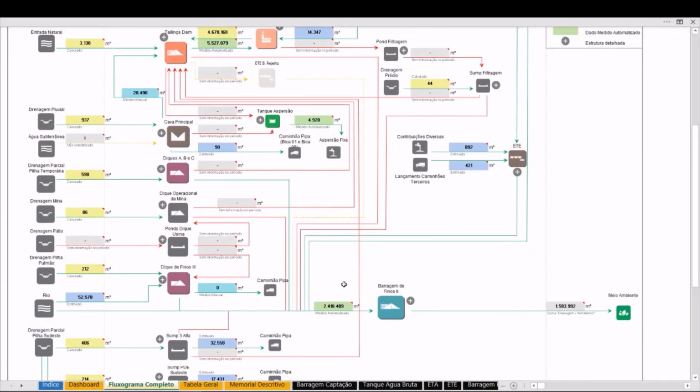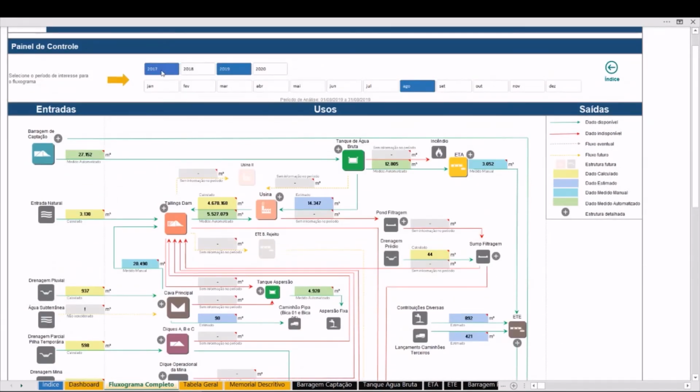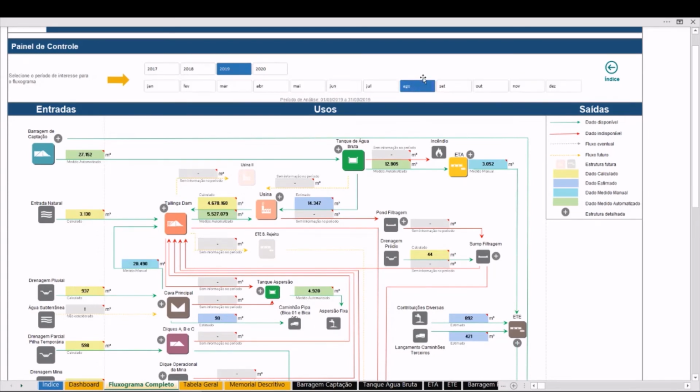And so for all the fluxes, we have the amount of water that was measured on this particular flux. And the same here, you can choose the period of data that you want to see. If I want to see the whole year of 2019, automatically the number pops up here. If I want to see a particular month, I just choose the month and the numbers will be updated here.